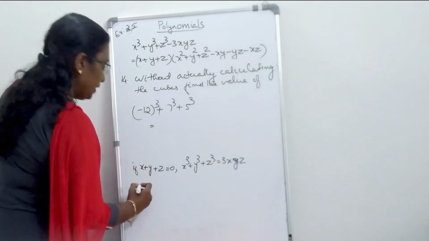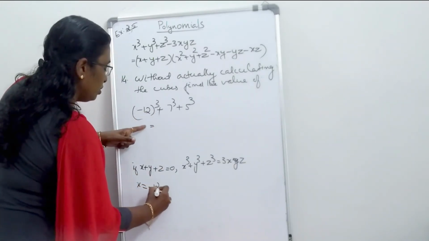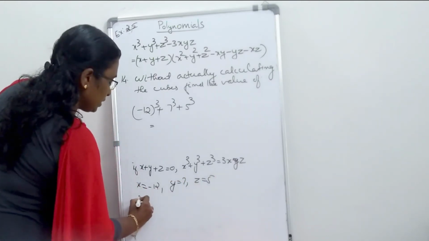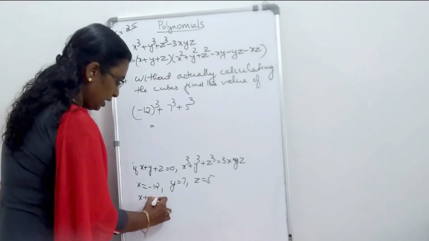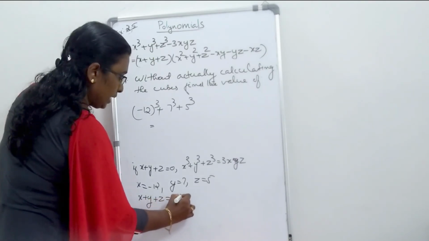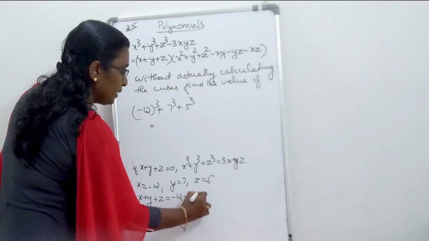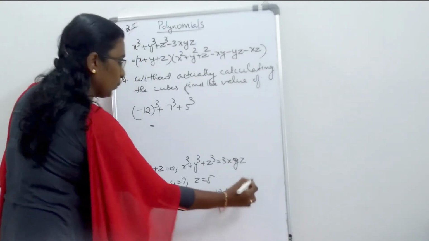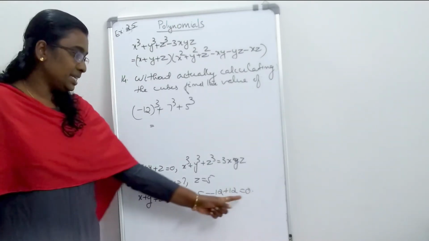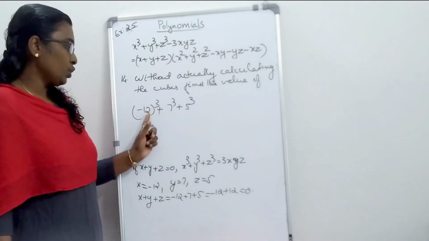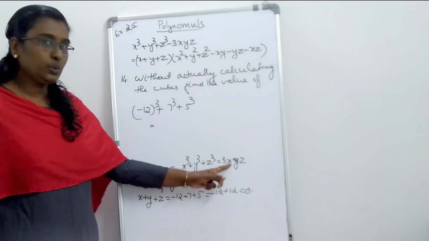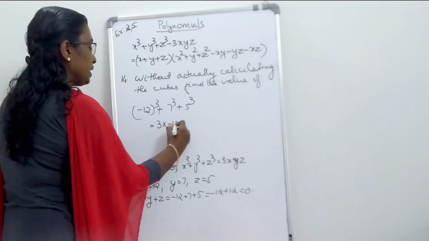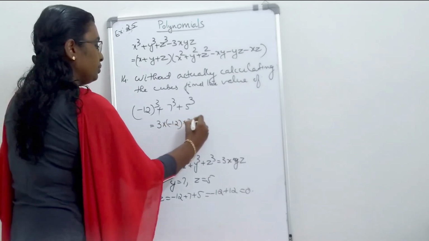Here, if we take x as minus 12, y as 7, z as 5, what is x plus y plus z? x plus y plus z equals minus 12 plus 7 plus 5, which is equal to minus 12 plus 12, equal to 0. So x plus y plus z equals 0, and x cube plus y cube plus z cube equals 3xyz, which is 3 into x into y into z.